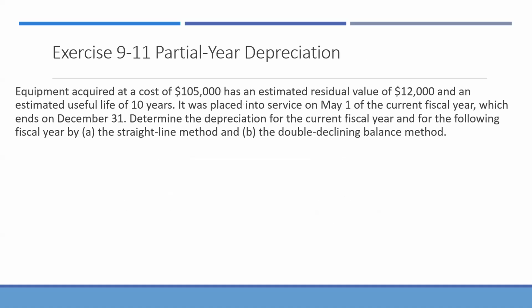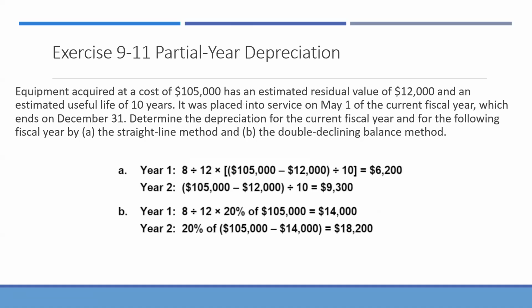Under partial year depreciation, in this example, we have a piece of equipment placed into service May 1st, useful life 10 years, and we're going to calculate with the straight line method and the double declining balance method. For the straight line method, we take the depreciable base of 105,000 minus 12,000 and then divide by 10.